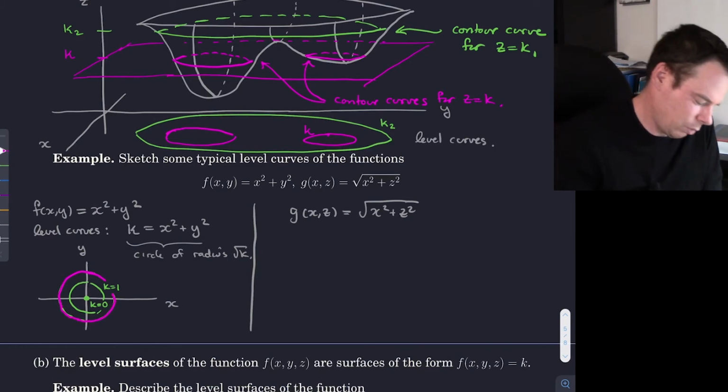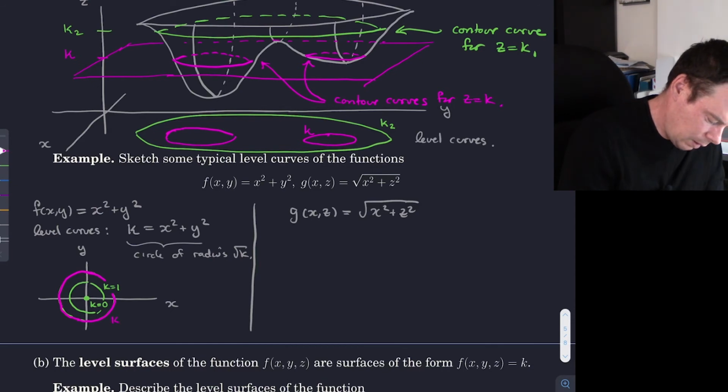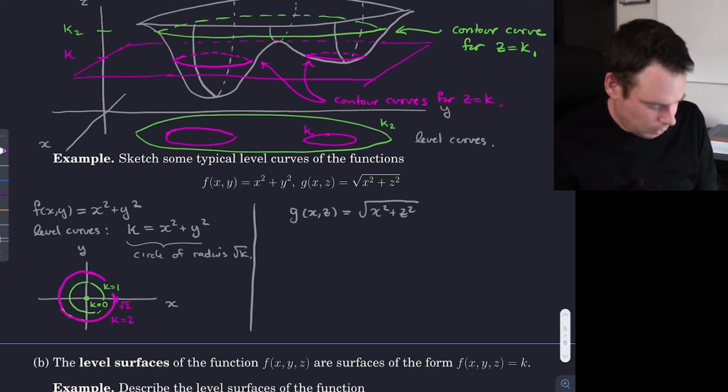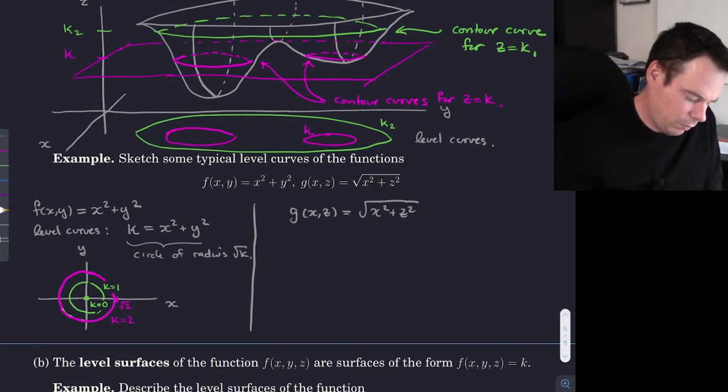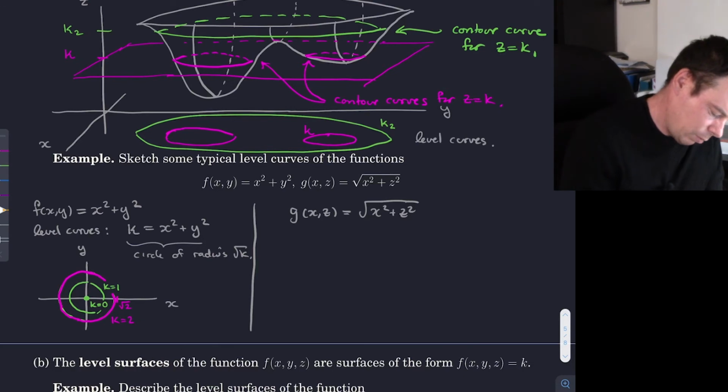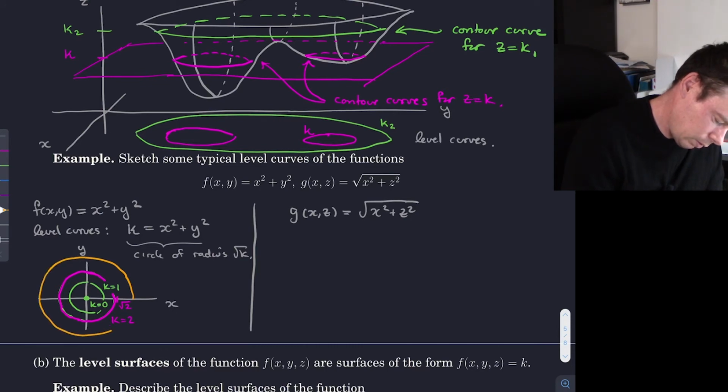So k equals 1 is that outer green one. This is k equals 2, and it's a circle of radius root 2. And then we can keep going. What about if k is 4? Well, that would give me a circle of radius 2. So maybe we'll draw one more in here. There's another circle, radius 2, and that would be our k equals 4.